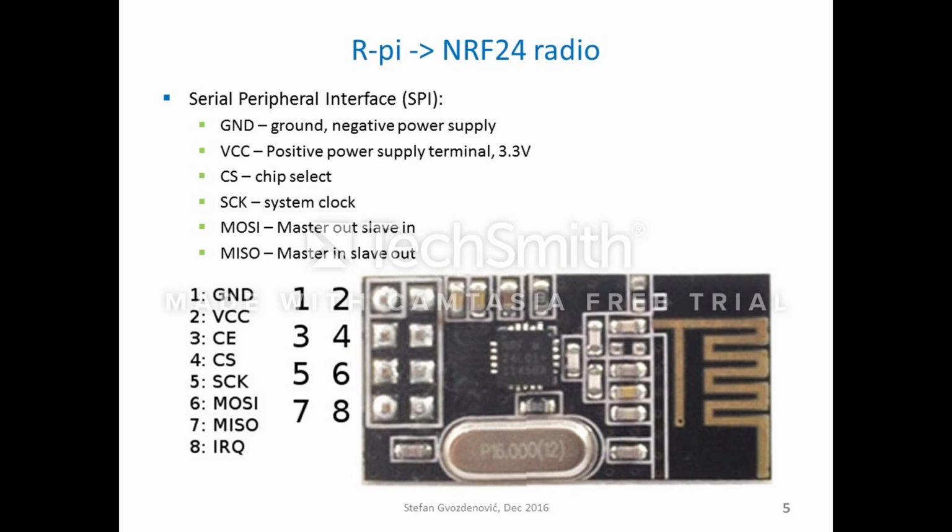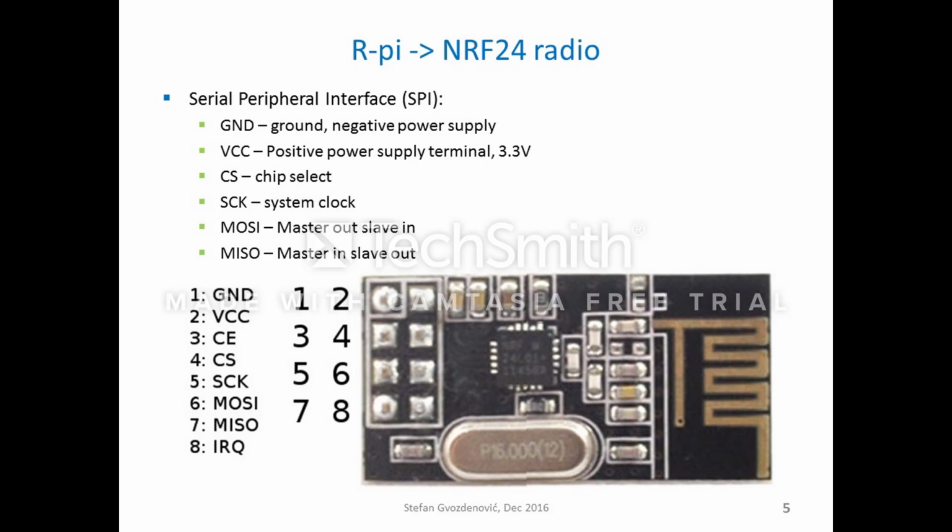System clock is a signal that is clocked whenever there is data on the bus. Master out, slave in is a data line used by the master to talk to the slave or slaves, and master in, slave out is the opposite.